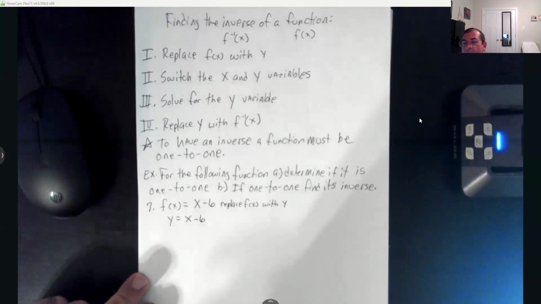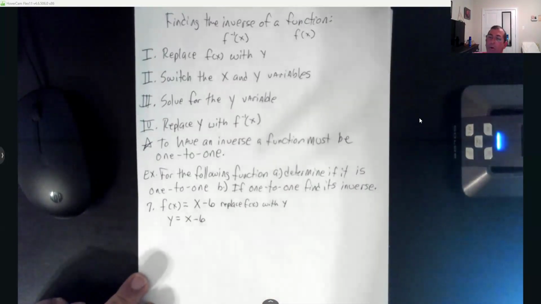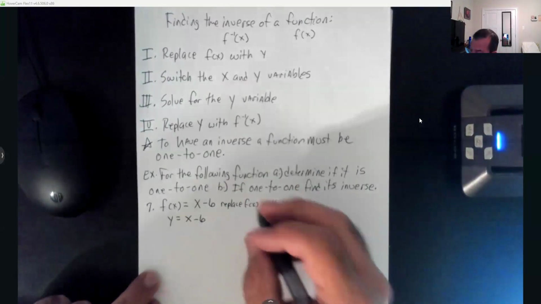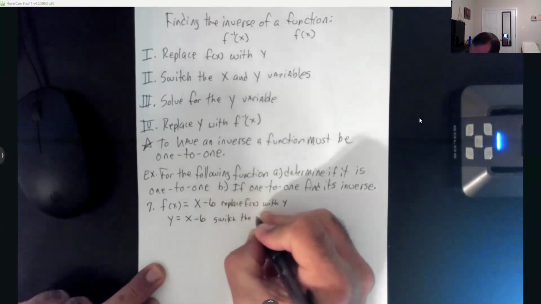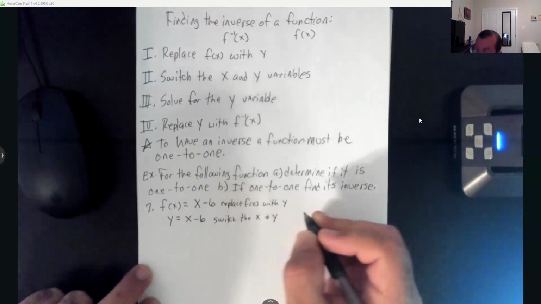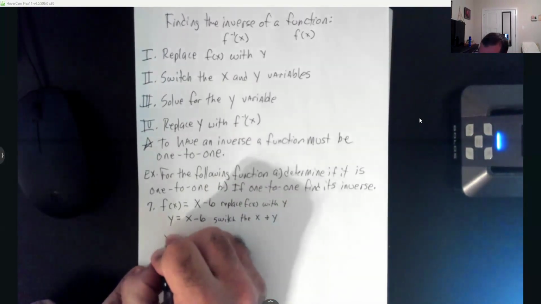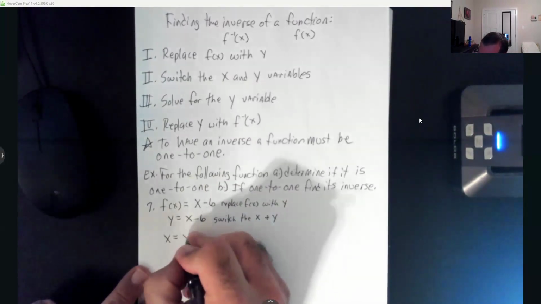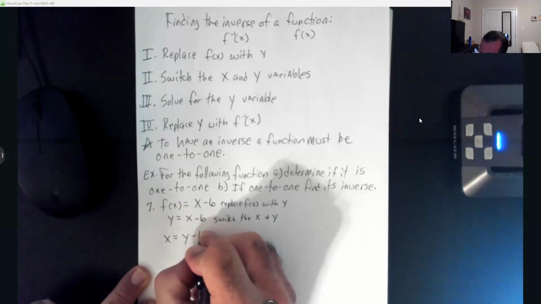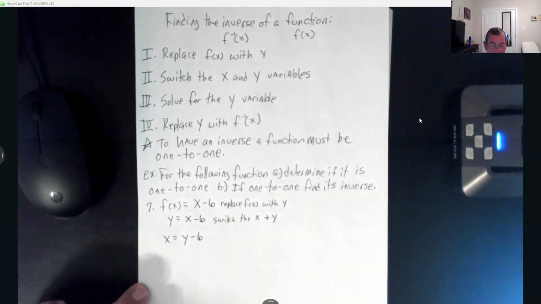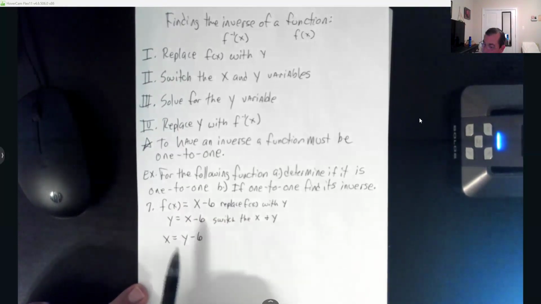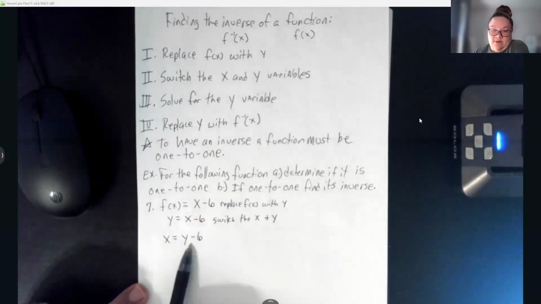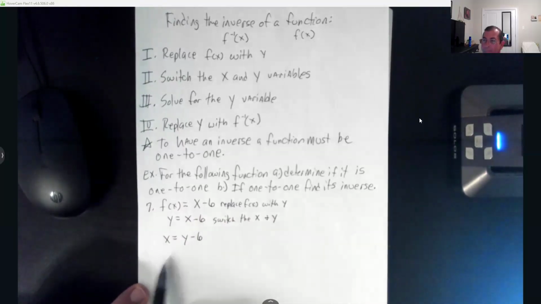So then what do we say? Well, we said, hey, you're going to switch those variables now. So now we're going to switch the x and y. Well, that's going to give me x equals y minus 6. So y'all, you got one move to get that y by itself, because we want to get this 6 moved over.